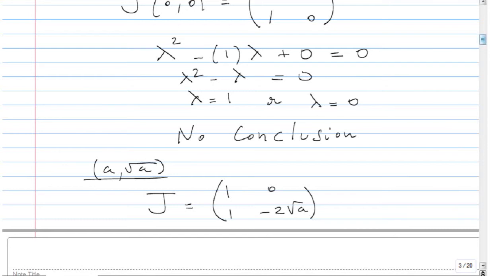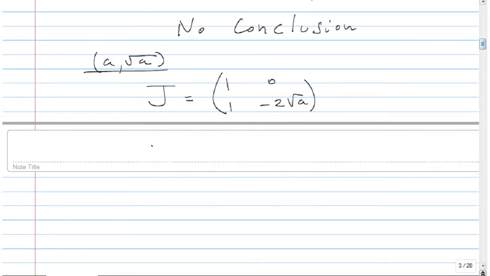Now we need the characteristic equation: lambda squared minus the trace, 1 plus minus 2 square root of a, times lambda, plus the determinant, minus 2 square root of a minus 0, equals 0.